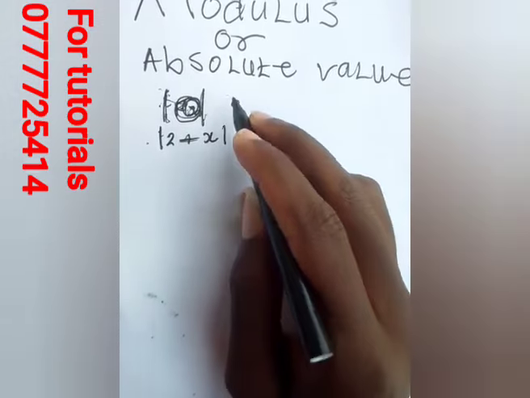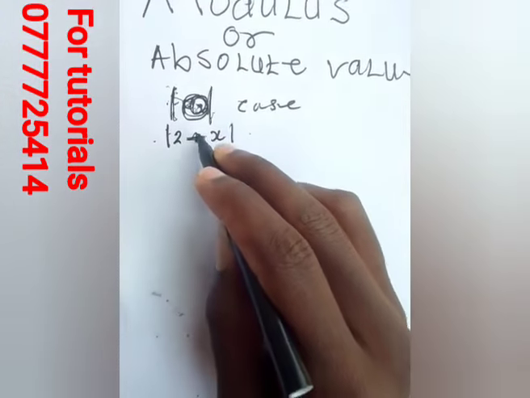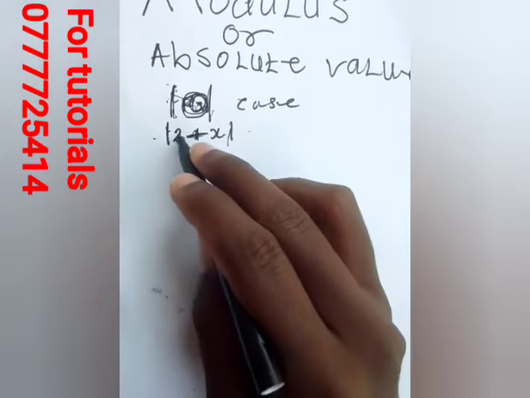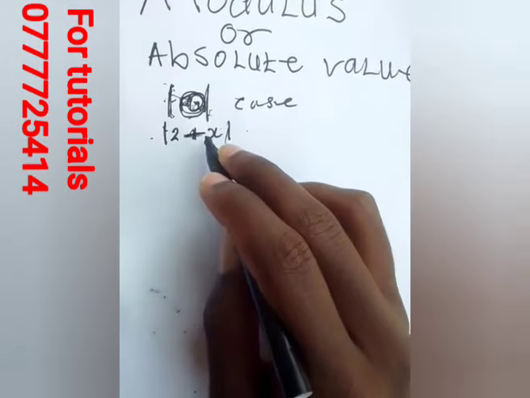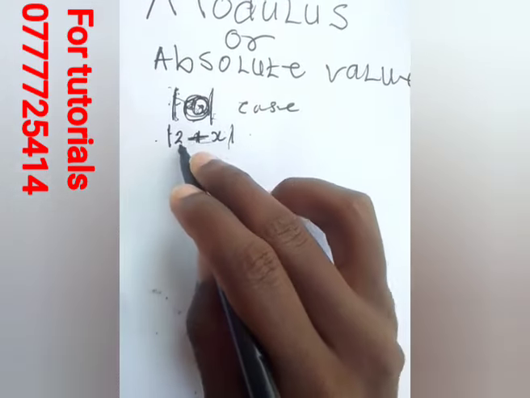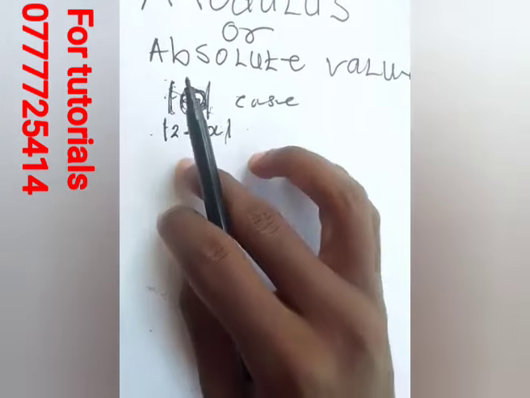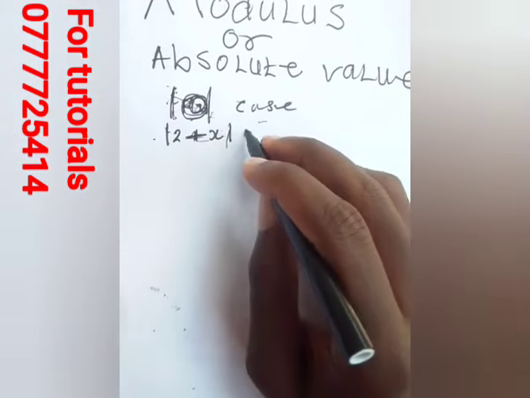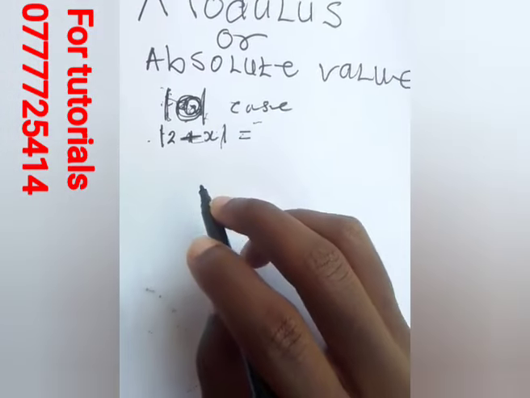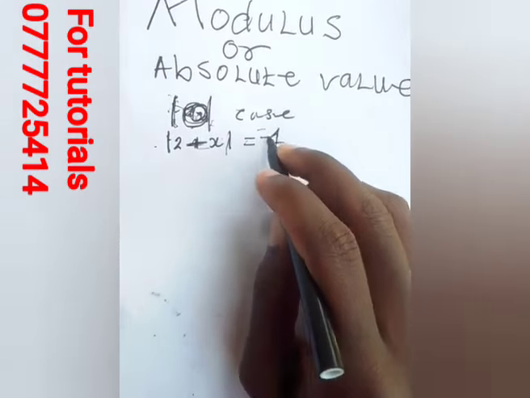Now the first case is where you have the modulus wrapped around a linear function, like x plus this and that, or this and that plus x. This is a linear function, and there is an equal sign here, so you need to be very careful. Let's say here is -1.